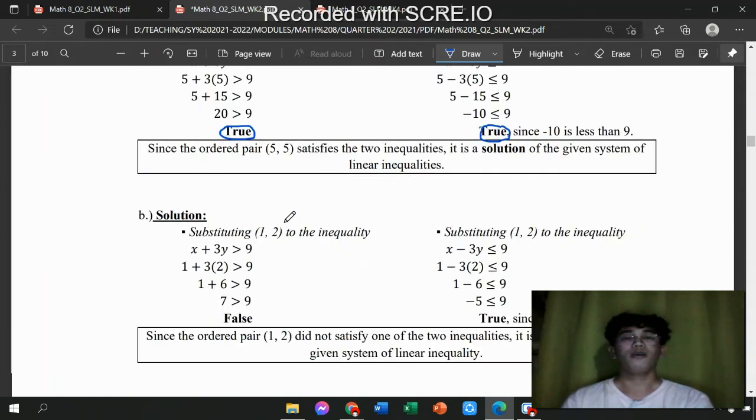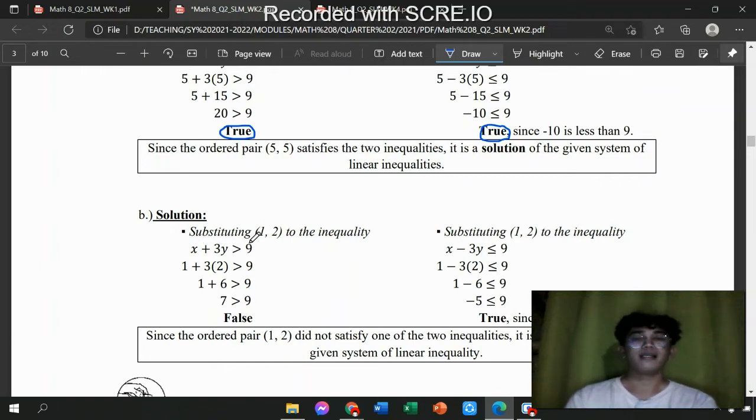So same ra gyapon atong buhaton sa atong first linear inequality, which is x plus 3y is greater than 9. Atong i-substitute ang x ug ang y. Unsa gani atong x? Ang atong x is 1. So ang x mahimong 1, ang y mahimong 2. So 1 plus 3 times 2 is greater than 9.